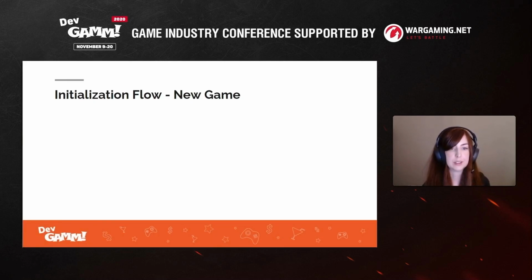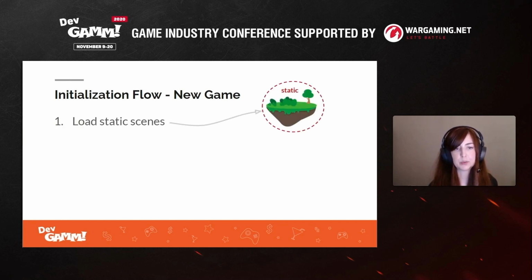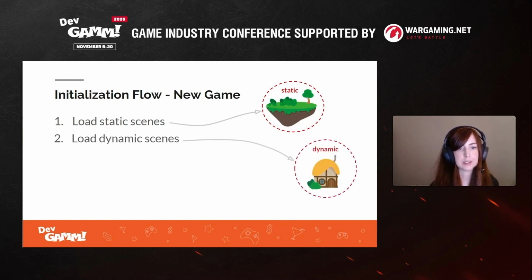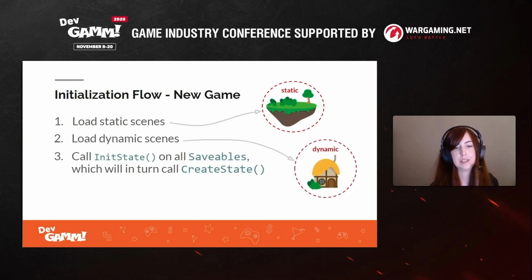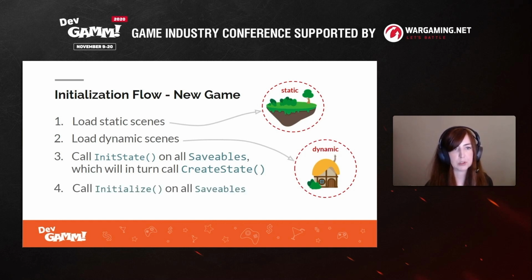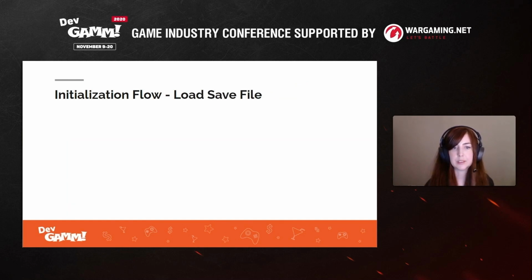Just to make it clear, this is what happens when you start the game or load an area for the first time. So first we load the static scenes, then we load the dynamic scenes, then we call initState on all the savables, and we pass in null so that it in turn will call createState. Then we call Initialize on all the savables. This is what happens if you load a save file.